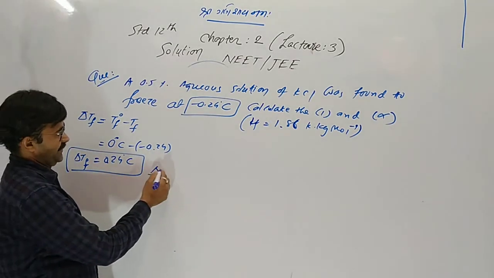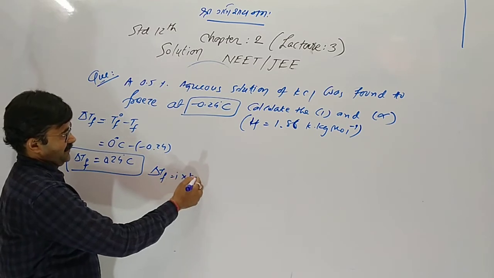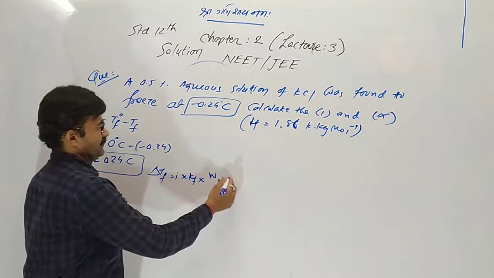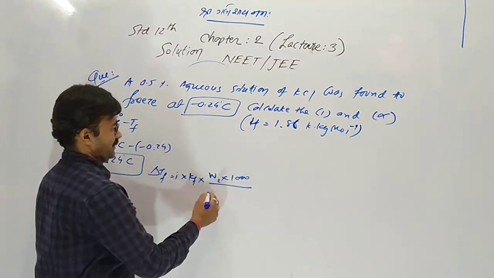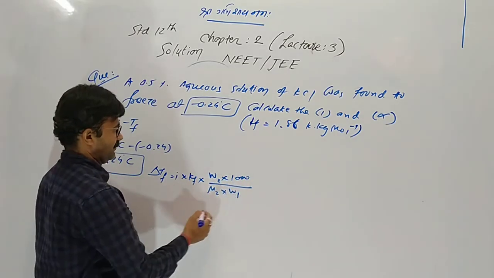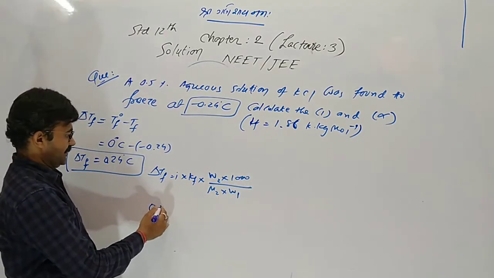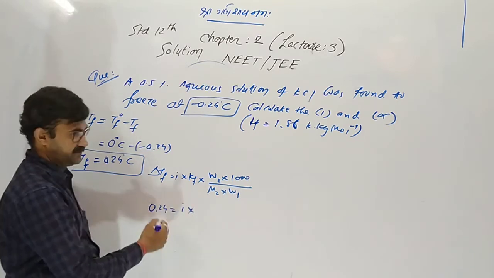Now with the help of that formula, delta Tf equals i into Kf into W2 into 1000 divided by M2 and W1. Here delta Tf is 0.24.